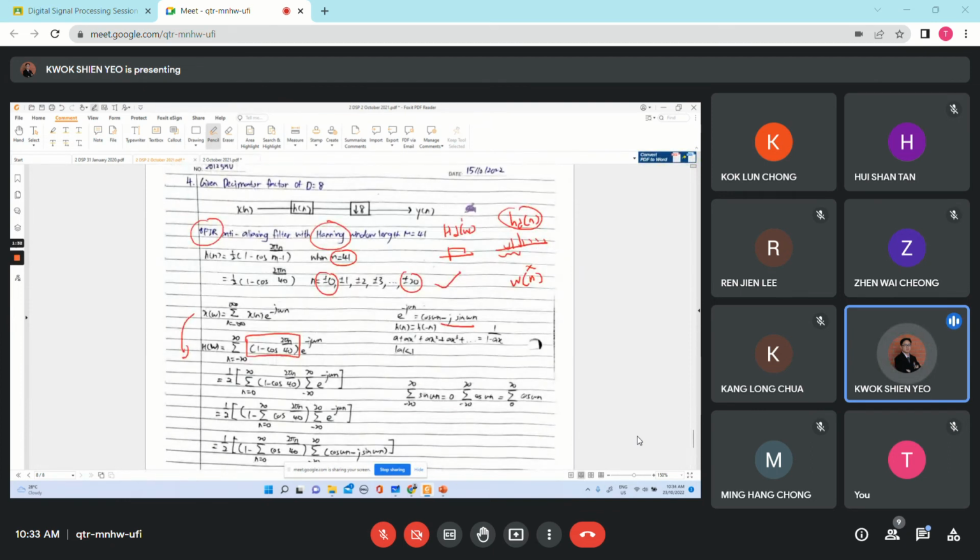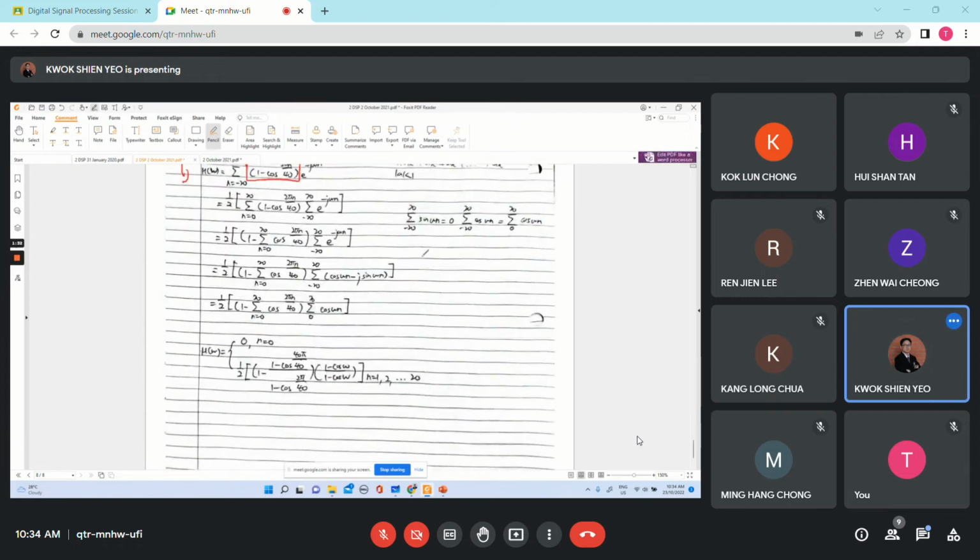So what you are getting here is a sinc function. When you have the sinc function, you are to multiply with this, which is your Wn. When you have a sinc function, you actually can know what is your HD0, HD1, HD2, and so on, and also HD-1 and so on.